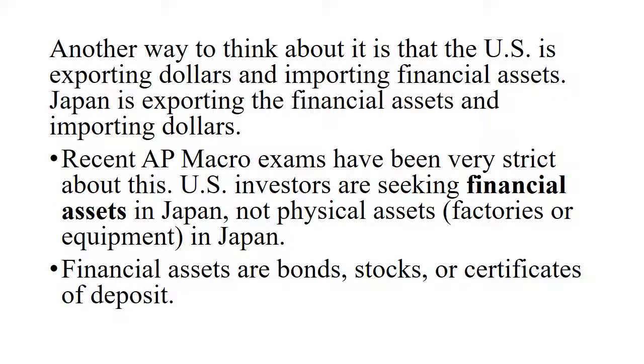So, in essence, when Americans decide to send their money abroad to earn a different amount of interest, they're exporting dollars, and they're importing financial assets. So if they decide to buy bonds in Japan, those Japanese assets are coming across, and they send over US dollars, which they'll convert to the Japanese currency, yen, in order to pay for them.